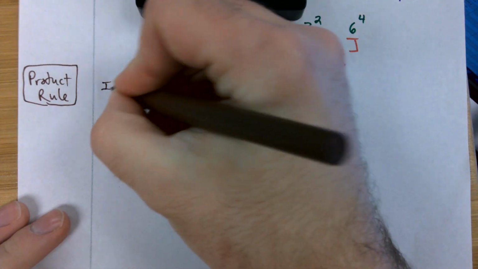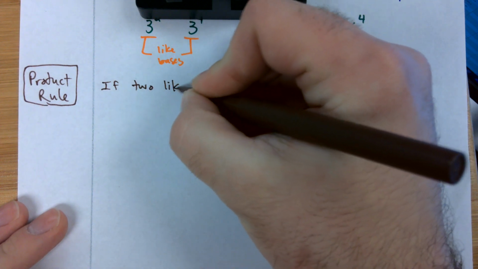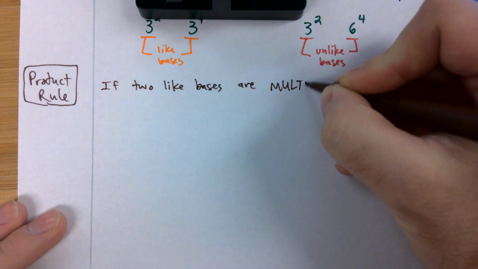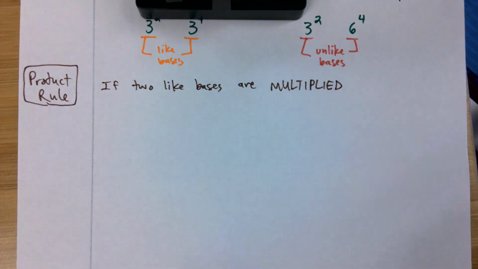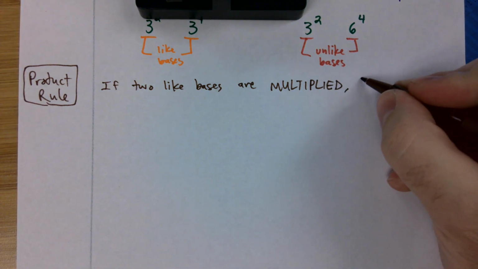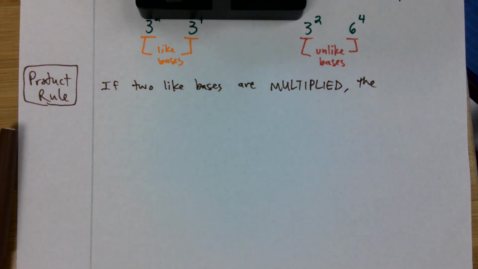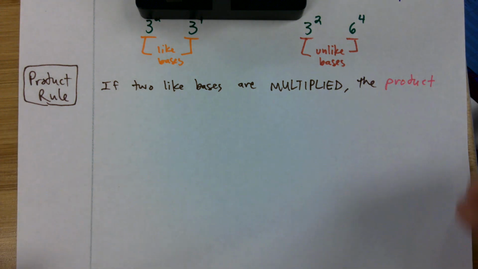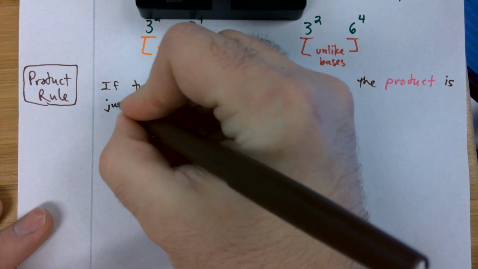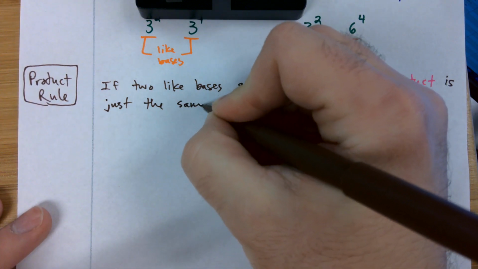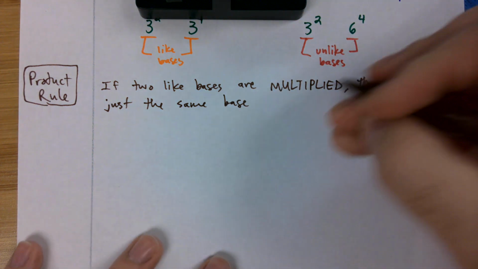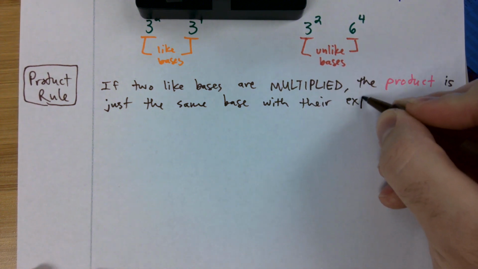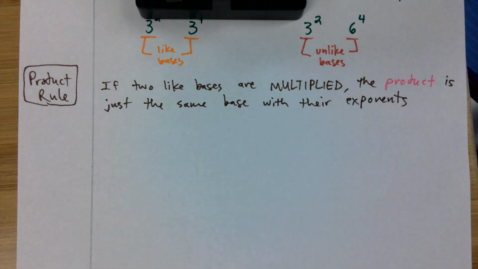So, the product rule says if two like bases are multiplied, then the product, or the result of that multiplication, the product is just the same base with their exponents added together.